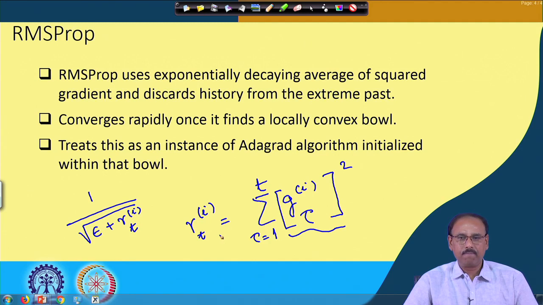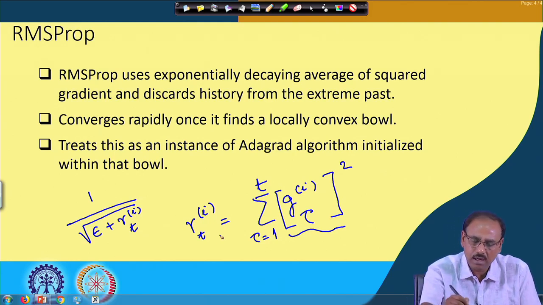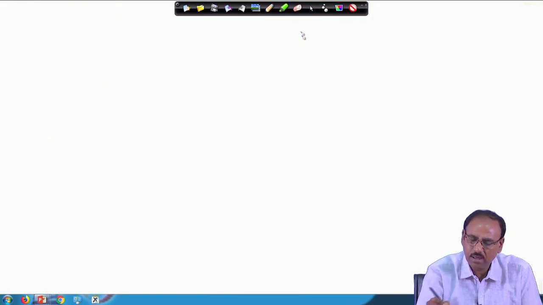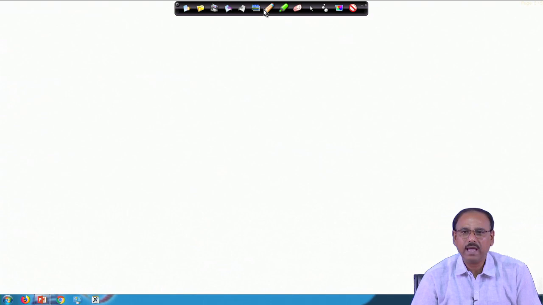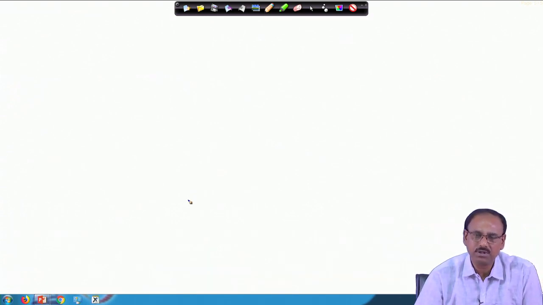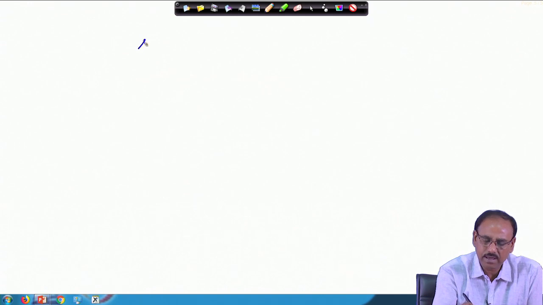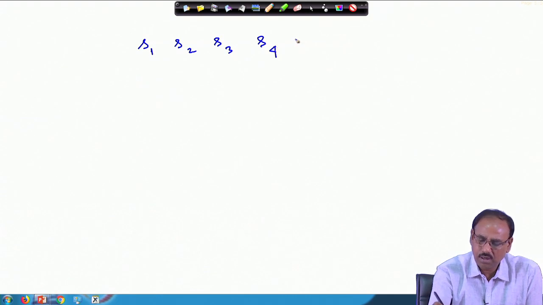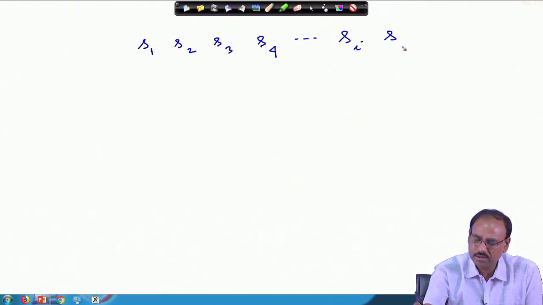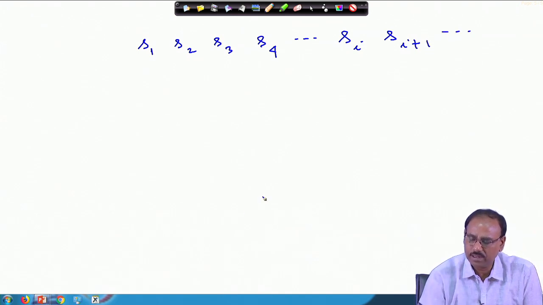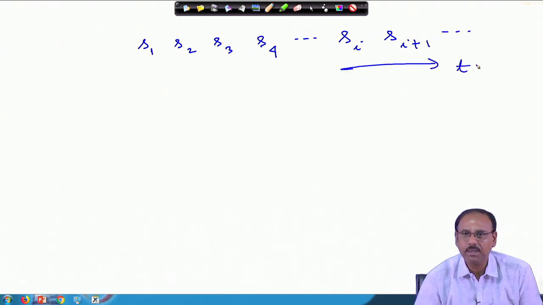RMSProp does not take the accumulative sum of squared gradients from the very beginning, but it takes an exponentially decaying average of squared gradients. Now let us see what this exponentially decaying average is. It is something like this. Suppose we have a sequence of samples given by S1, S2, S3, S4, and it goes on, S_i, S_(i+1), and so on with time t.